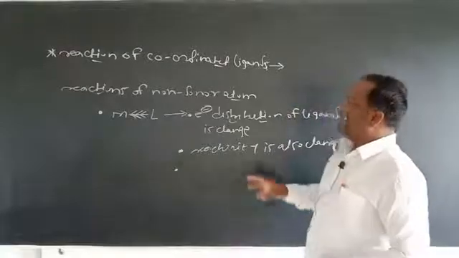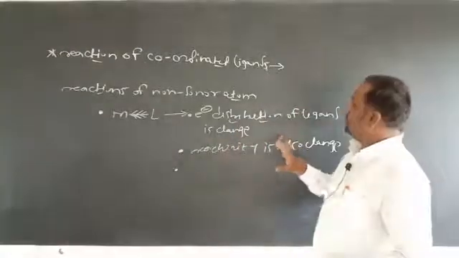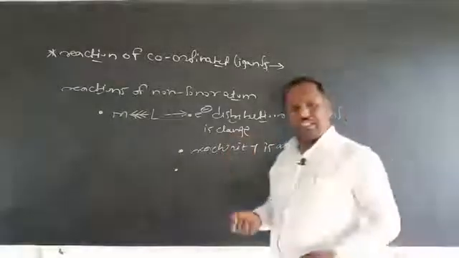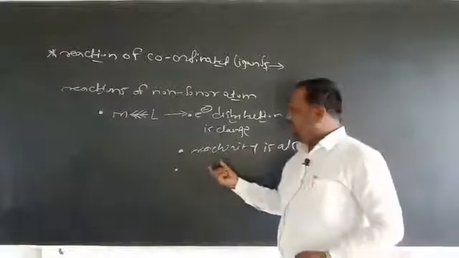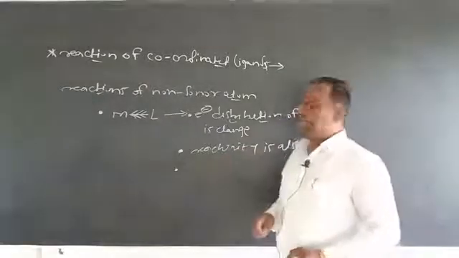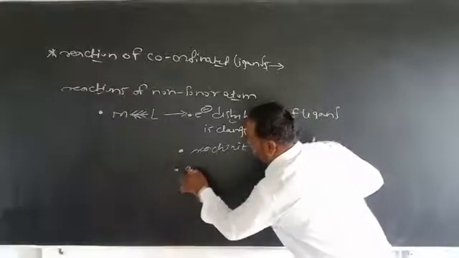After donation of electrons to the metal atom, the electron distribution is changed, and due to the change in electron distribution, the reactivity is also changed. Due to the change in reactivity, the ligands get activated.